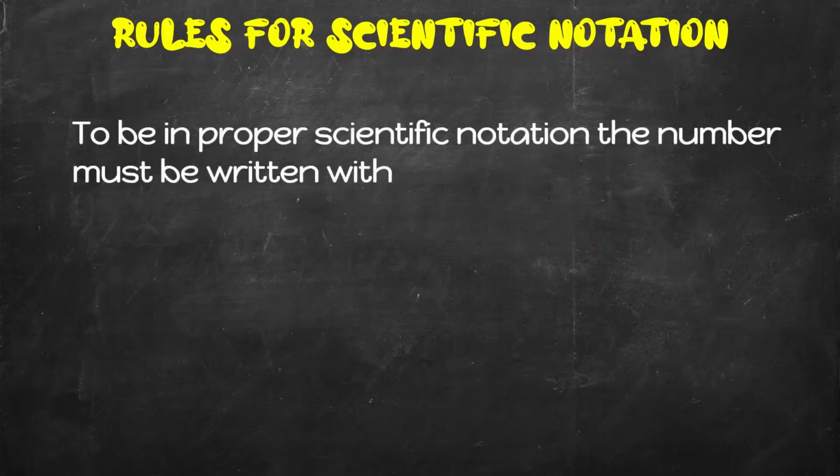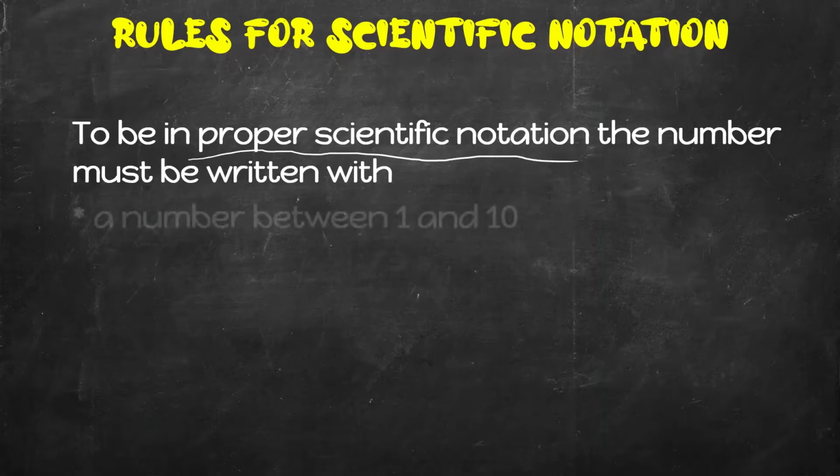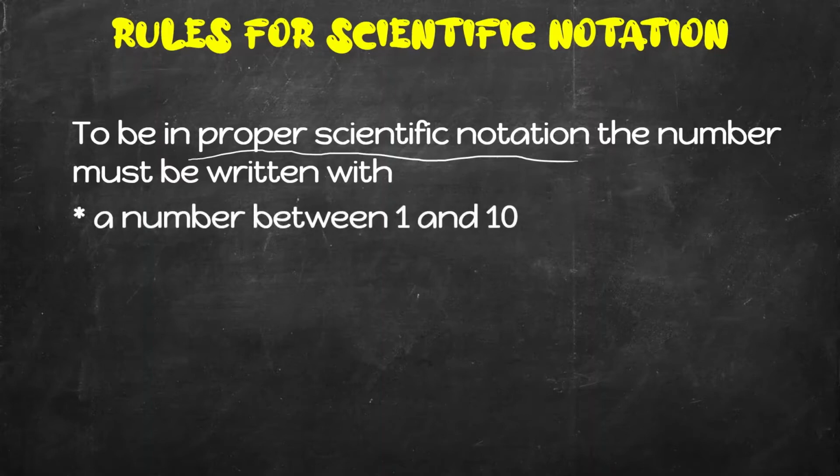To be in proper scientific notation, dapat para malaman natin kung properly written siya in scientific notation, yung number natin must be written with, first, a number between 1 and 10. Again, take note of the word between. Pag sinabi nating between, kasama ba si 1 at si 10? No. Pag sinabi nating between, sa pagitan in Tagalog.